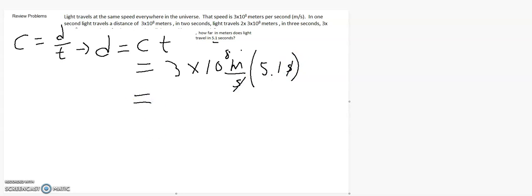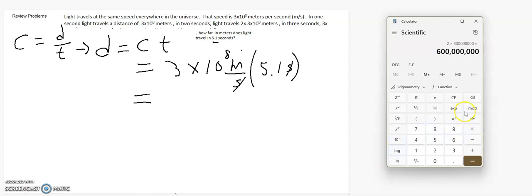All right, so I get my handy calculator out, and this will be our first problem. Clear this. So 3 times 10 to the eighth times 5.1. The problem on the test would already say how many digits to round it past the decimal.